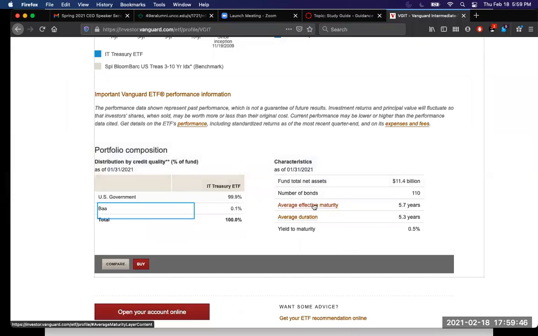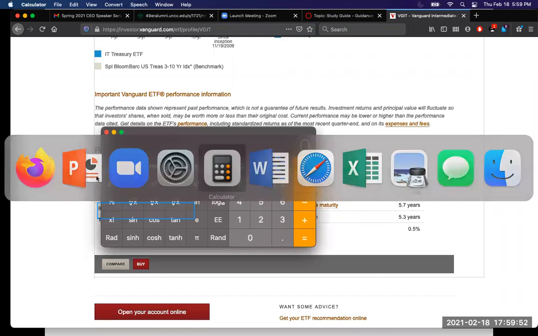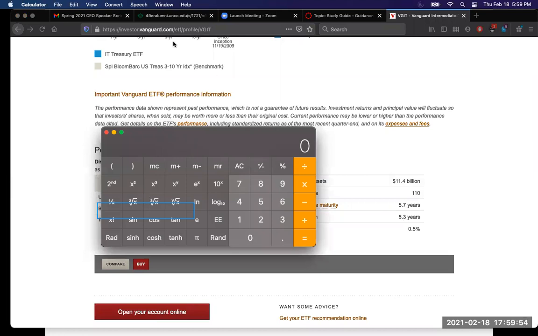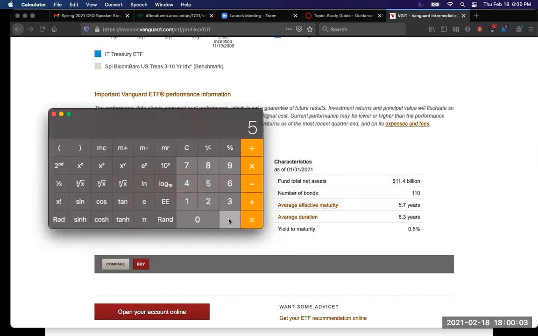That's why over here you can see effective maturity, average duration, 5.3 years. It says average duration.